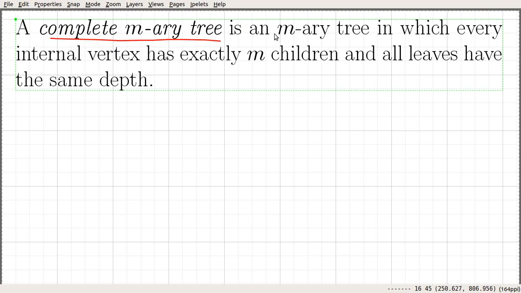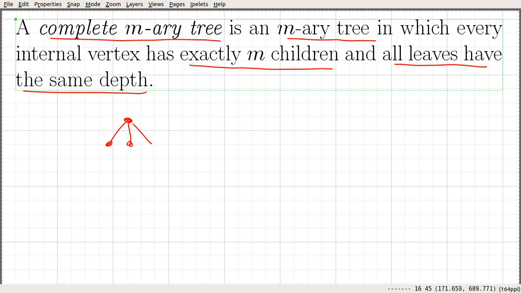So a complete m-ary tree is an m-ary tree in which every internal vertex has exactly m children and all the leaves have the same depth. Okay, so let me give an example of such a tree, a complete 3-ary tree.